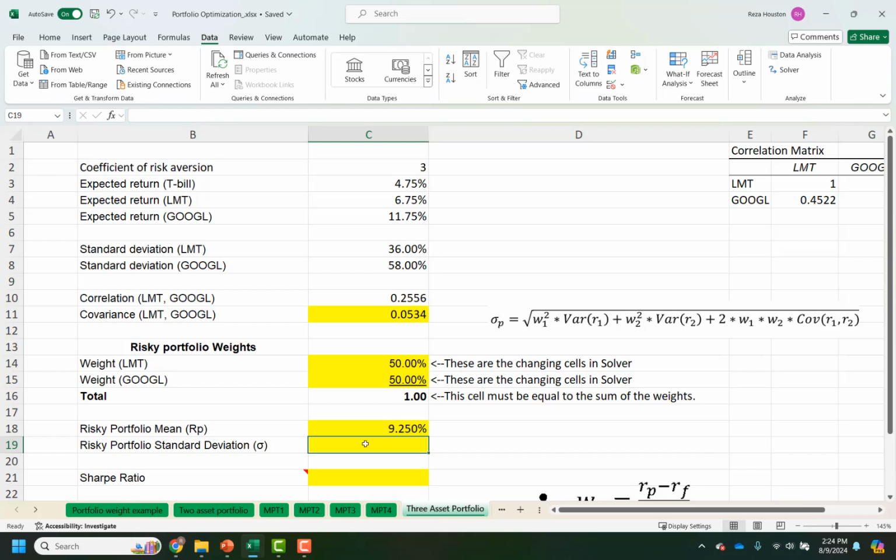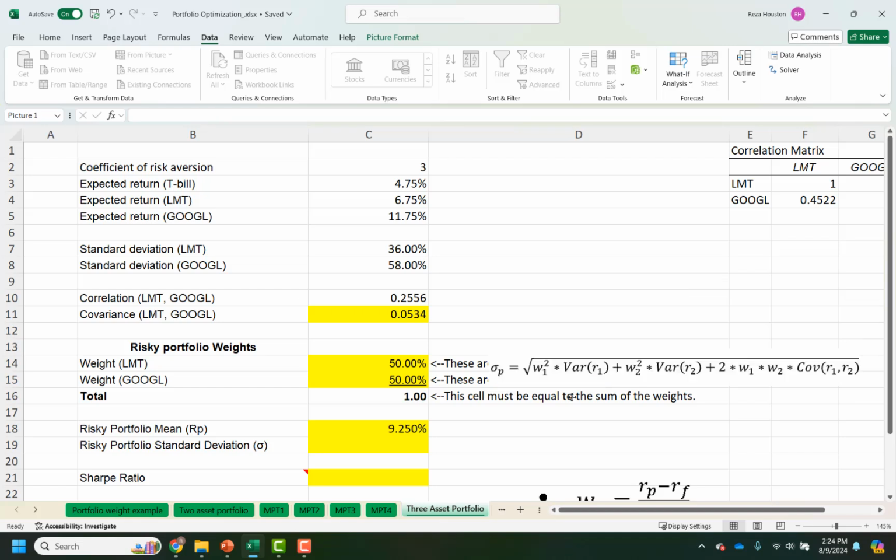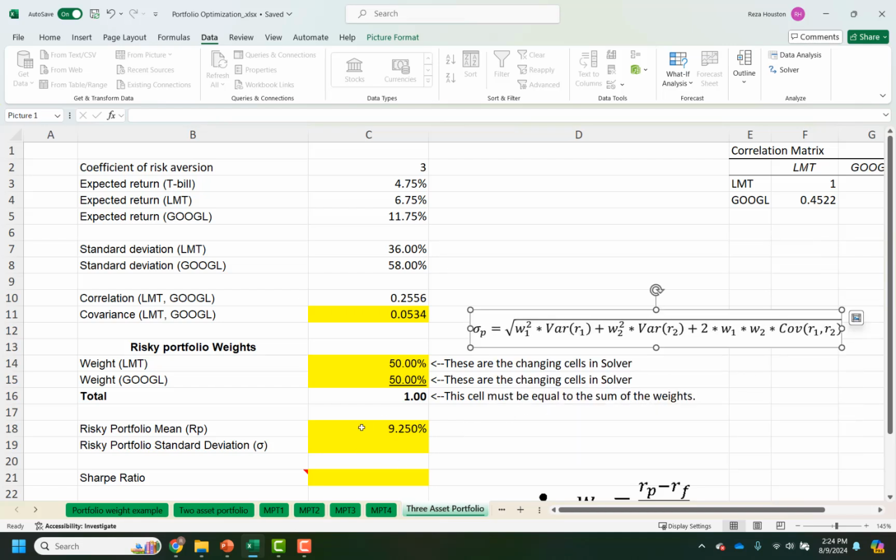But our risky portfolio standard deviation, I thought it'd be helpful just as I'm going through this so you can see what I'm doing. This is the formula we use for our portfolio standard deviation. So maybe I'll put it up here so you can actually see it as I type.